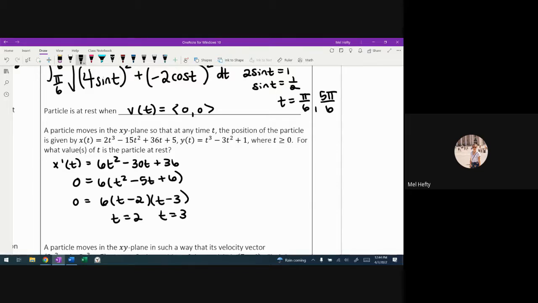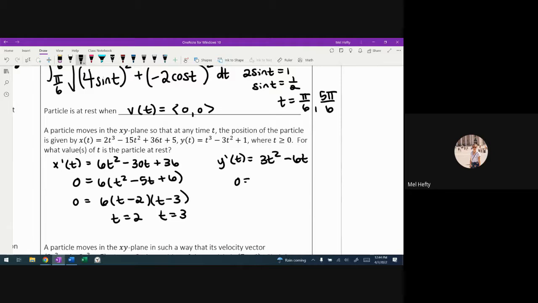Now, these may be my answers. They may not be. All we've learned here is that at t equals 2 and t equals 3, this particle is not moving in the horizontal direction. So we need to also find y prime of t. We got 3t squared minus 6t.